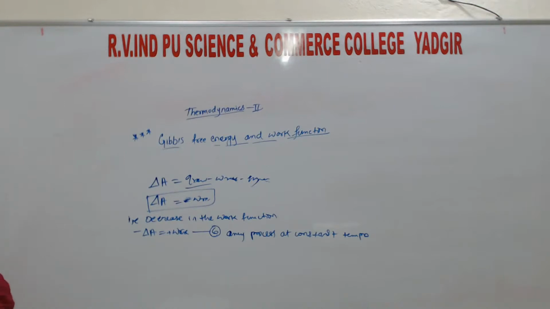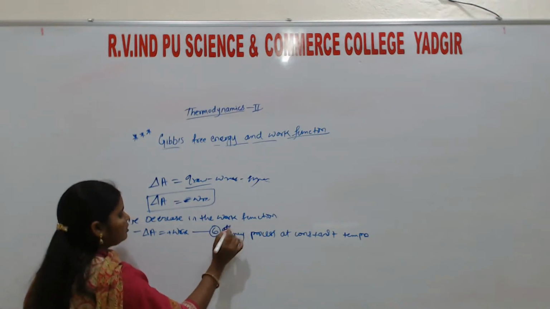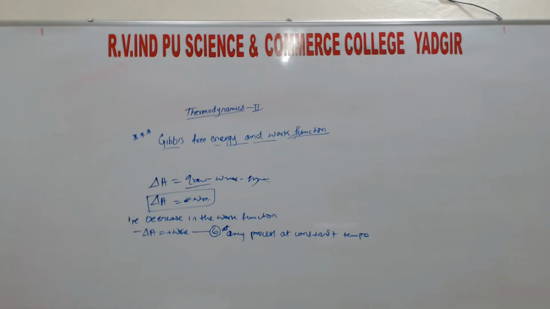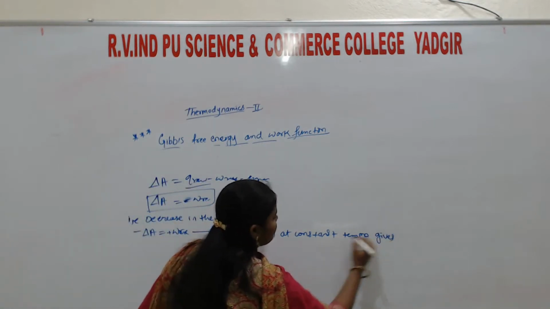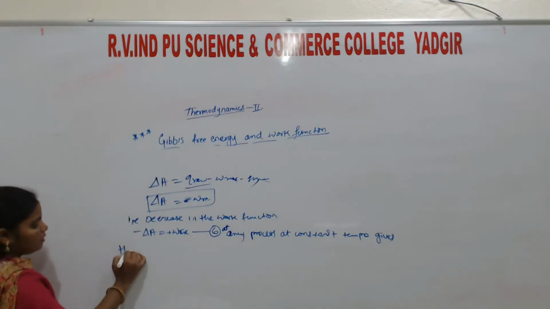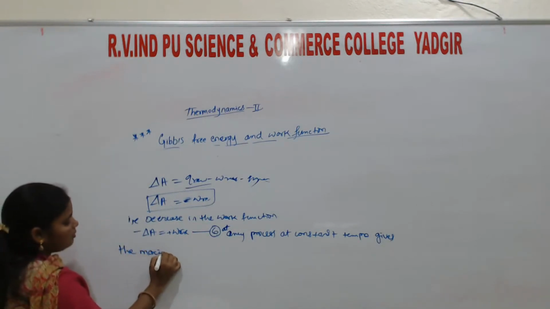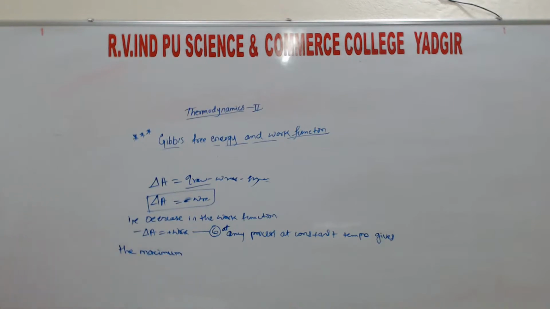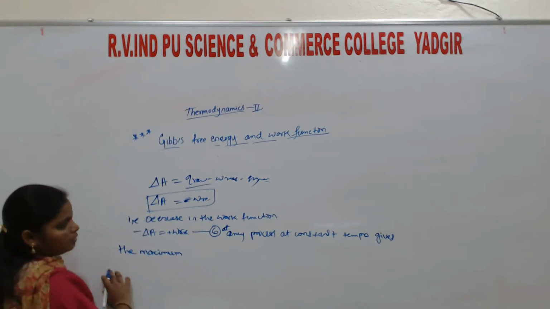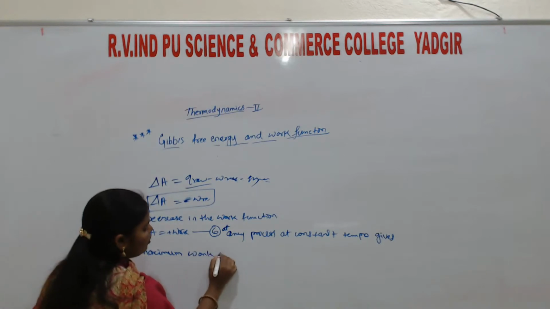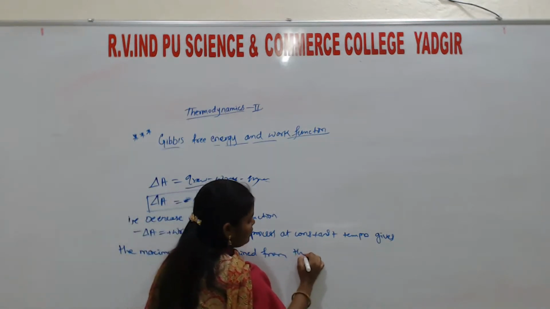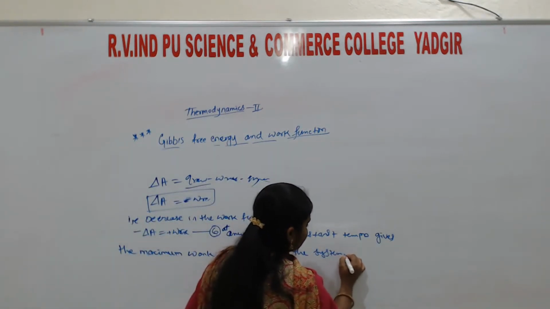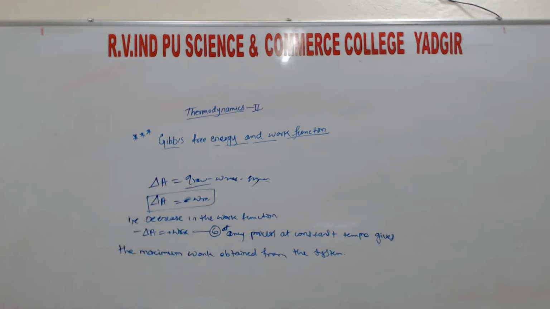According to this equation, any process at constant temperature gives the maximum work obtained from the system.